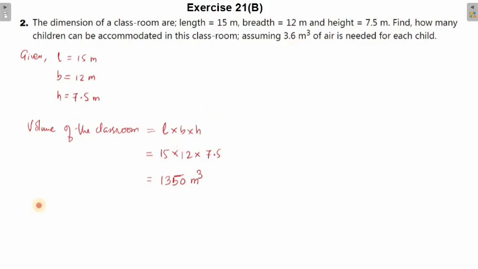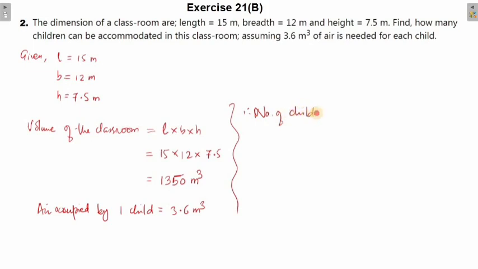Therefore the number of children that can be accommodated in the classroom will be equal to the volume of the classroom, which is 1350, divided by the volume occupied by one child, which is 3.6.